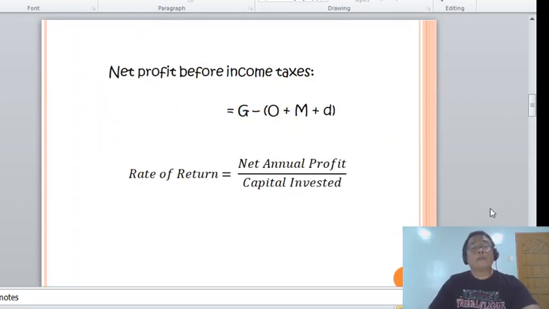The net profit before income taxes is the gross income minus the operation and maintenance plus the depreciation, and then get the rate of return. So the net annual profit is divided by the capital invested.